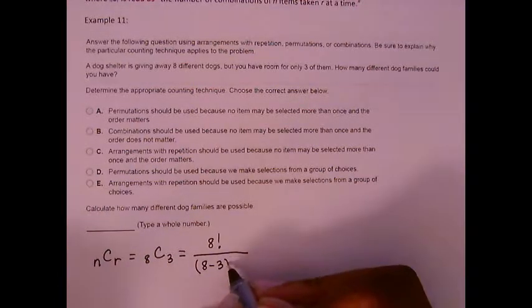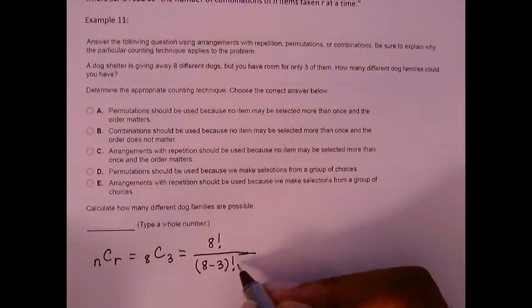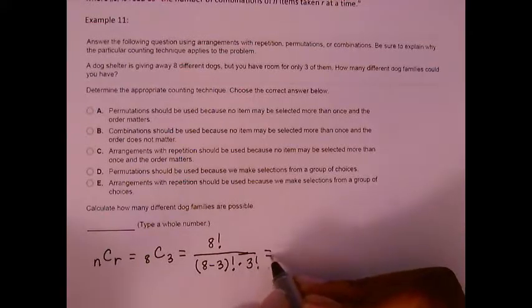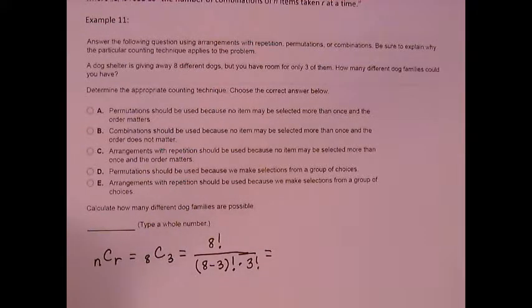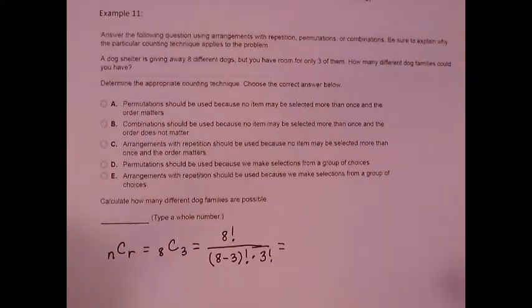So it'll be 8 minus 3 factorial times r, which is 3 factorial. So I'm applying that combinations formula that we just saw, here it is right here, to that particular problem.